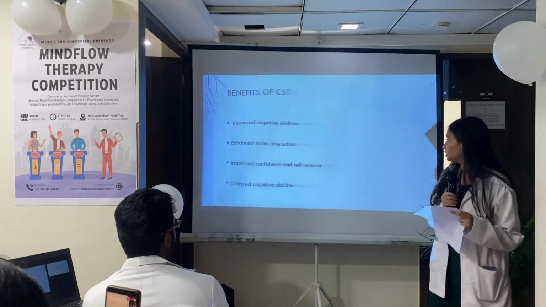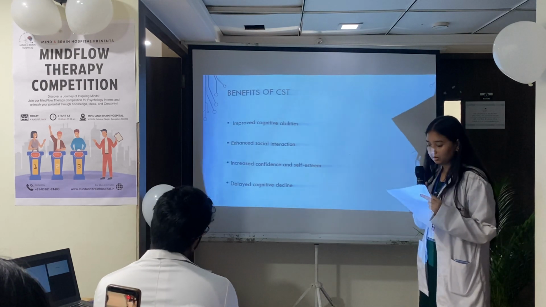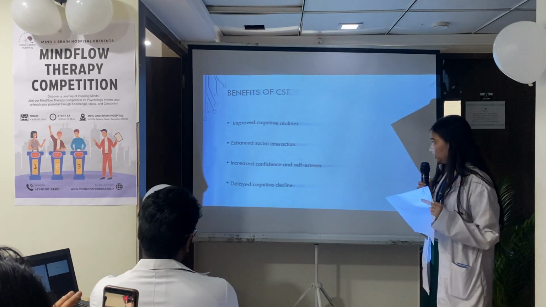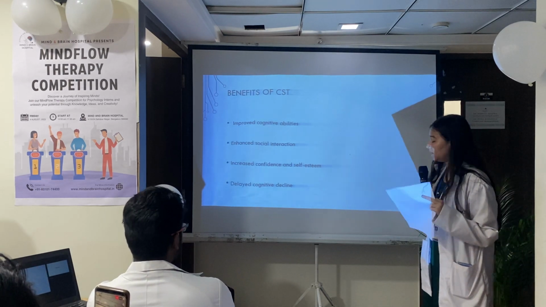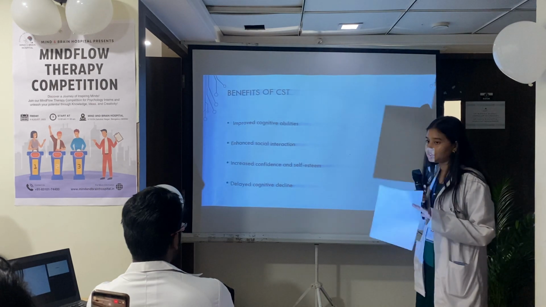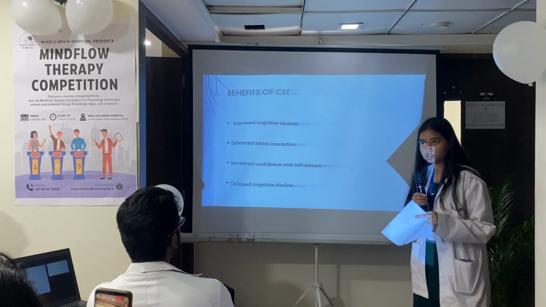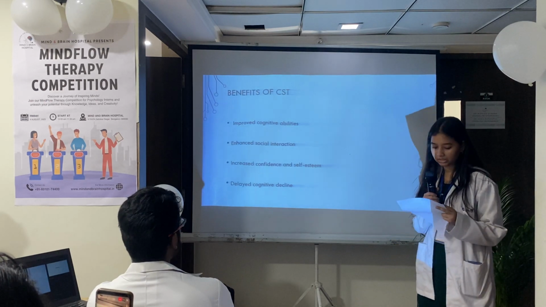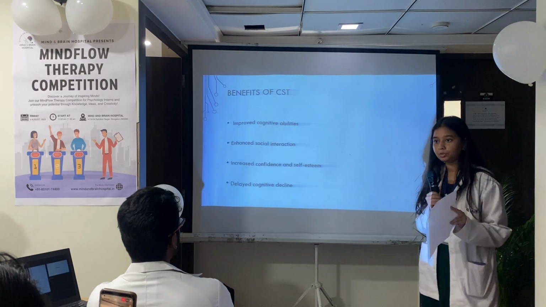So the benefits of CST: it improves cognitive abilities. While we engage the clients in cognitive activities or mental stimulation, it helps keep the brain active and challenged. This can lead to the preservation of cognitive skills such as memory, attention, language, problem solving skills, and decision making. It enhances social interaction. CST mainly focuses on group therapy.